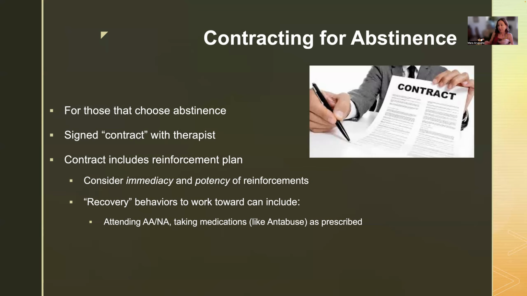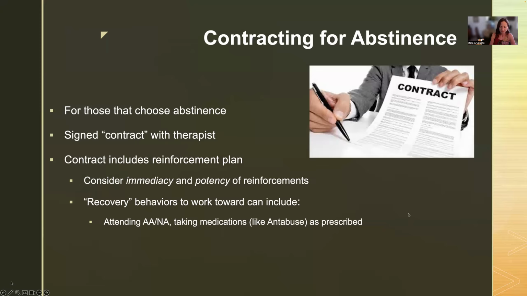Other recovery behaviors can be in that contract. So you can add all kinds of things like attending NA or AA, taking medications like Antabuse, which remember is going to make you sick if you drink alcohol, taking naloxone, which will make the effects of opioids unnoticeable.